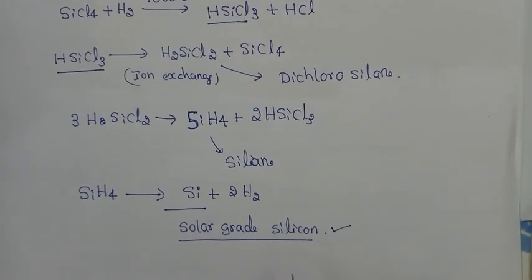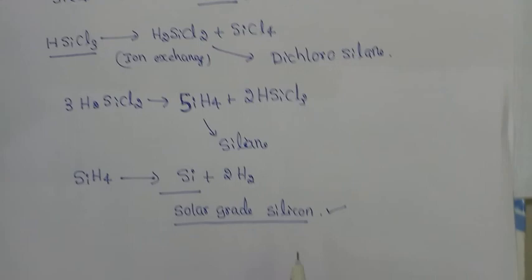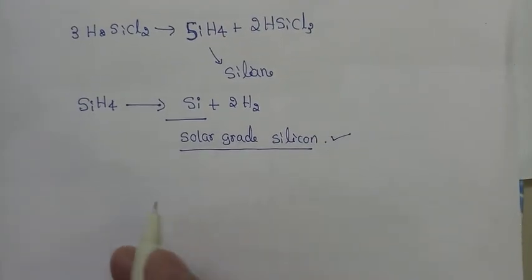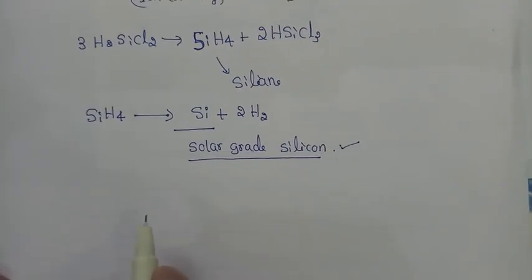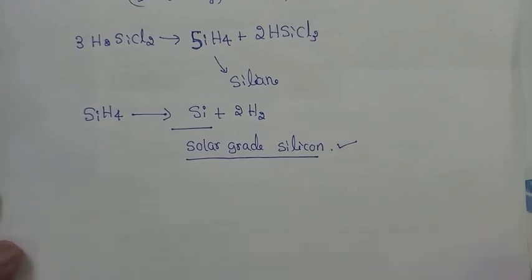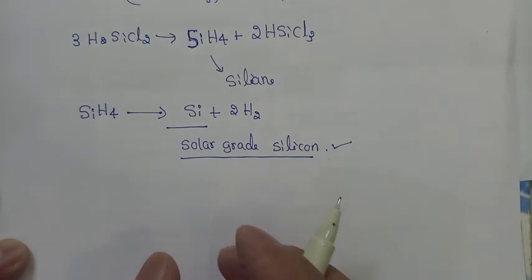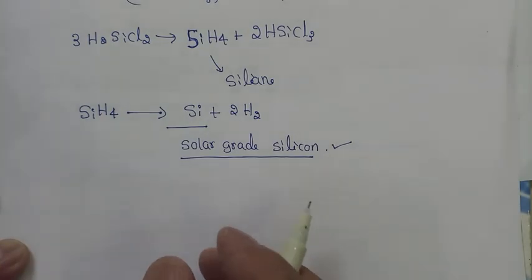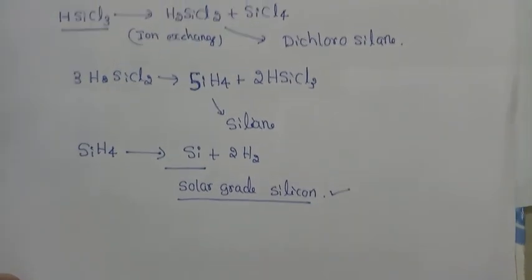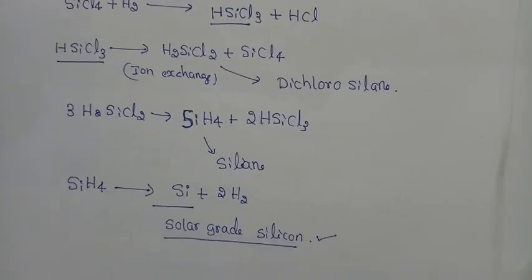Dear friends, this is about the production of solar grade silicon. Once we get solar grade or semiconductor grade silicon, we can subject it to doping, mainly N type doping and P type doping. Then that semiconductor PN diode can be used in the photovoltaic cell.